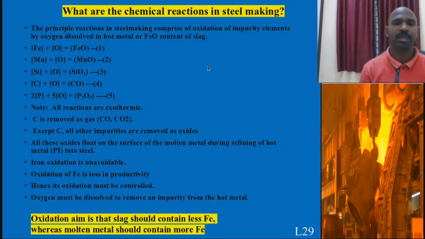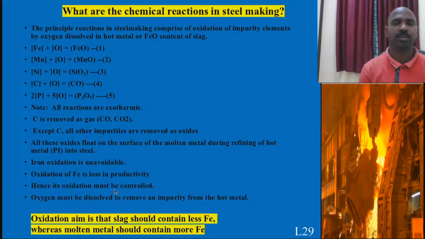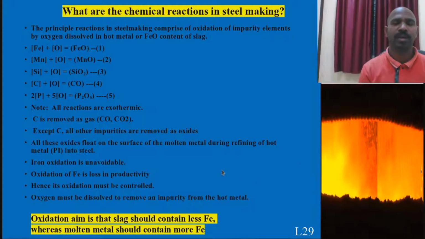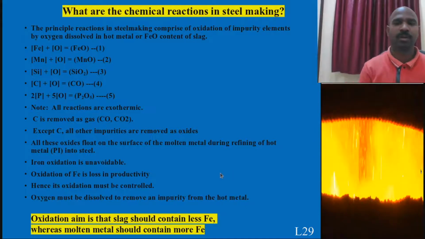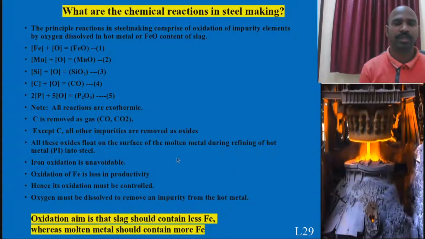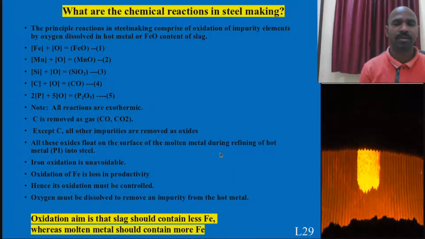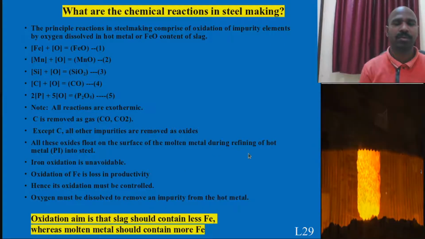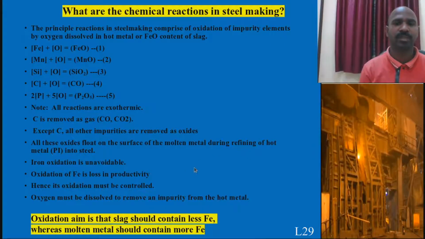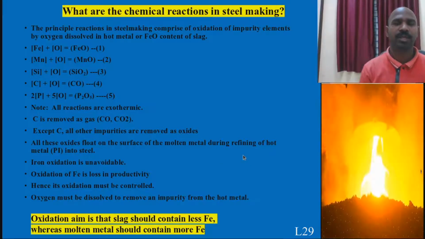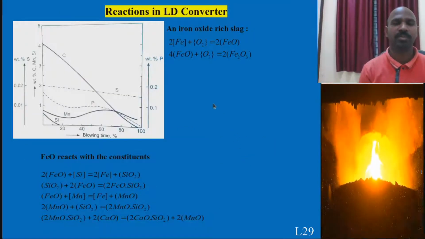The oxygen dissolved in the steel can be removed in the subsequent process called secondary steel making, using a suitable deoxidizing agent such as aluminium, forming Al2O3, which can be removed in droplet form. Please make a note on that.